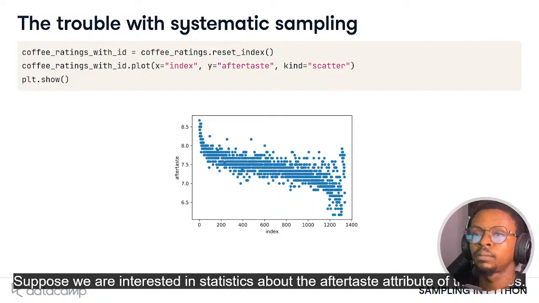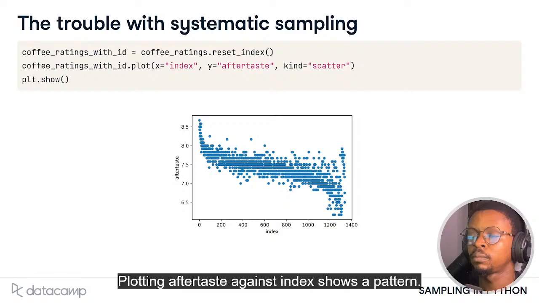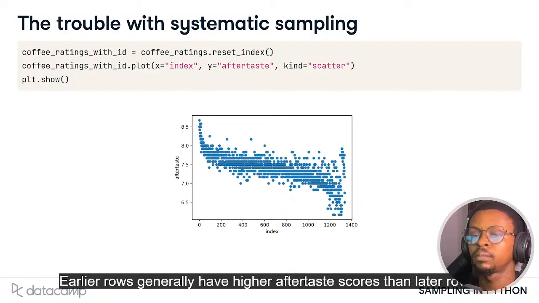Suppose we are interested in statistics about the aftertaste attribute of the coffees. To examine this, first we use reset_index to create a column of index values in our data frame that we can plot. Plotting aftertaste against index shows a pattern. Earlier rows generally have higher aftertaste scores than later rows. This introduces bias into the statistics that we calculate.